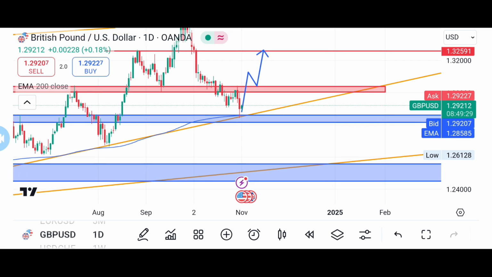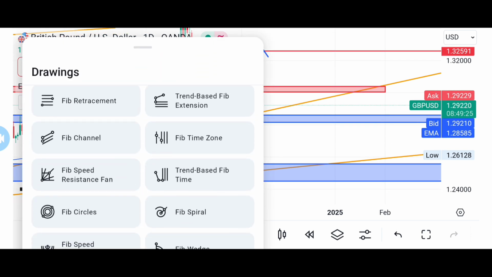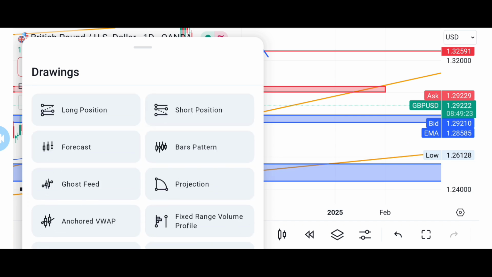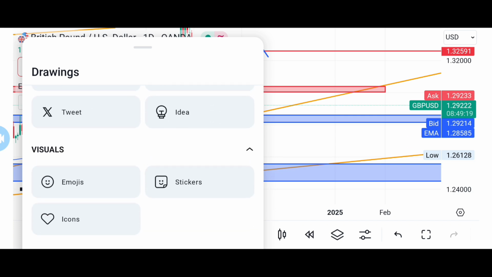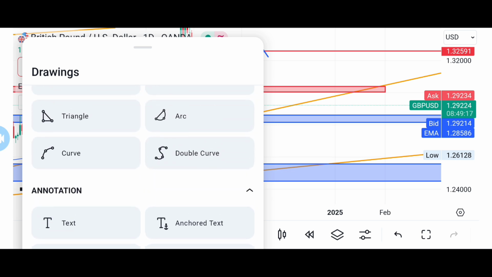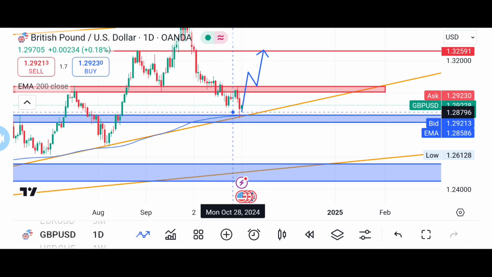Scenario number 2 is if sellers have momentum and break that zone with a body candle, then we shall enter for sell. What do I mean?